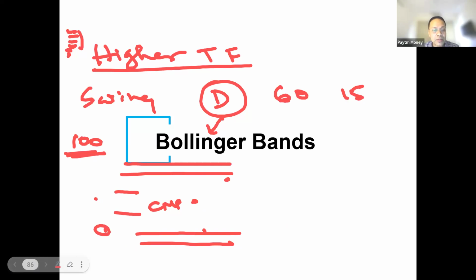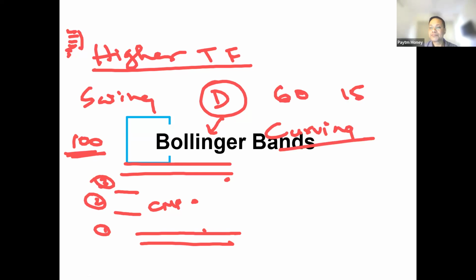1, 2, 3. Now, here comes a technique, that is called curving. So what do you mean by curving? If the price is closer to the demand zone, in this quadrant, in this part, it is called low in the curve.